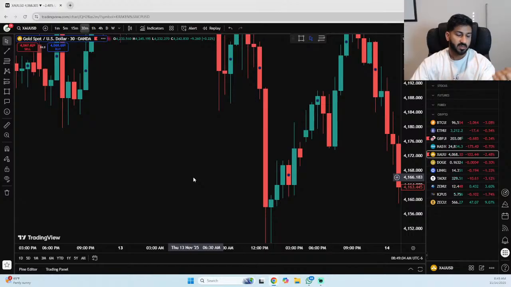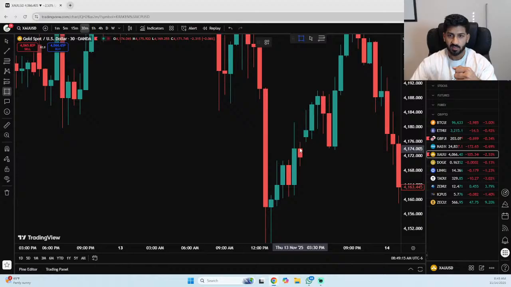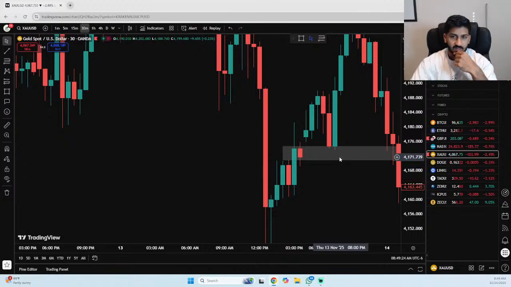I like to trade breakouts, a break and close above resistance or below support. We have identified a support area here. You understand basic support and resistance, right?